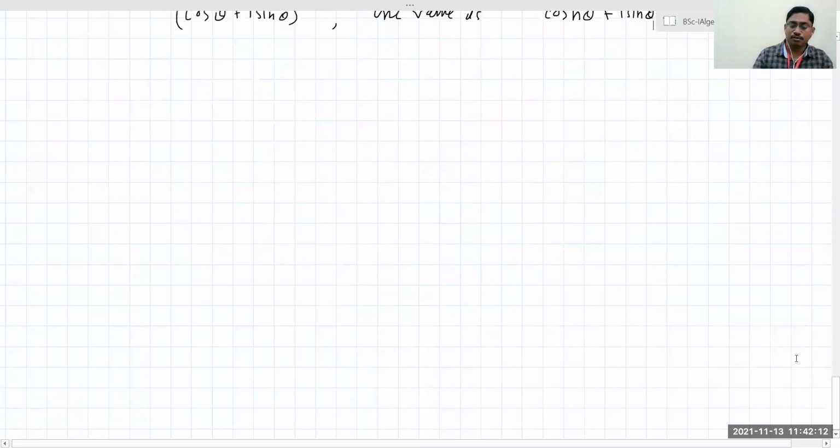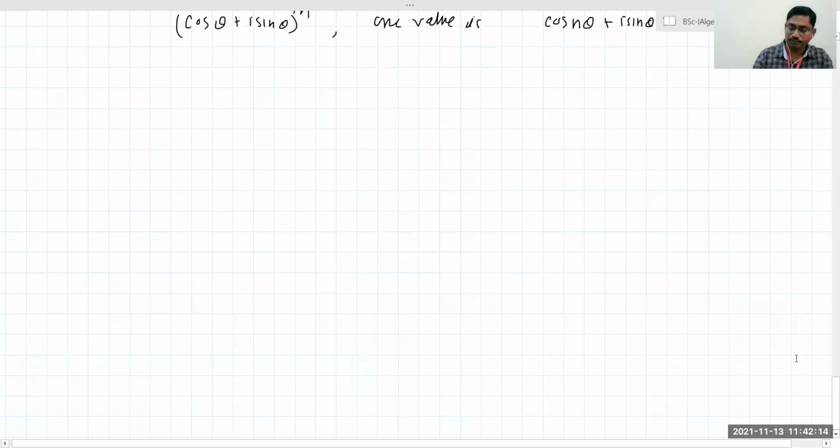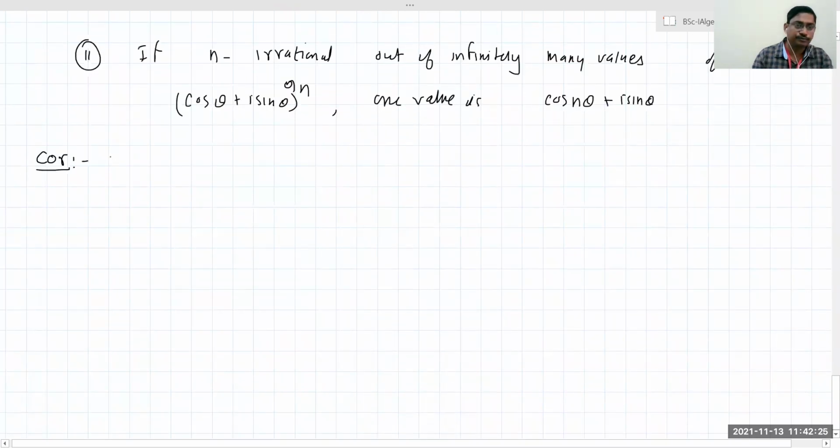I'm writing a corollary to this statement. Corollary 1. I'm just putting a minus sign in between. Okay, instead of corollary, I will directly prove it.